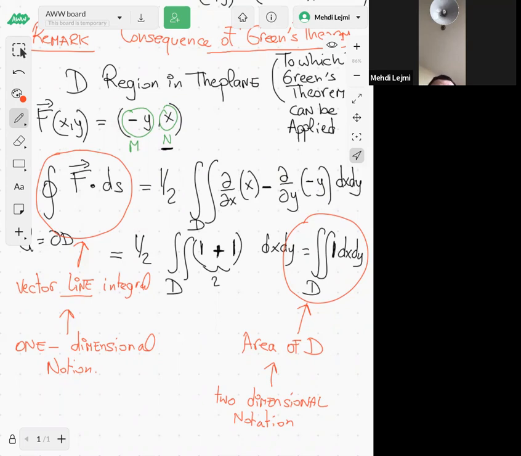What's really important is what happens along the boundary of your region. Anyway, we'll see in the reformulation of this Green's theorem more of a geometric interpretation of it.